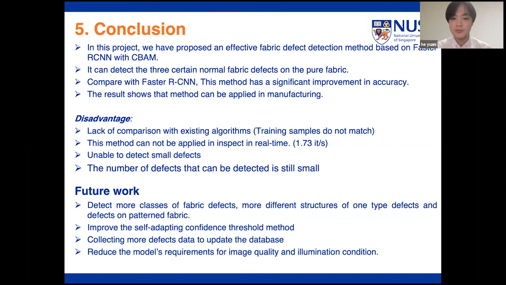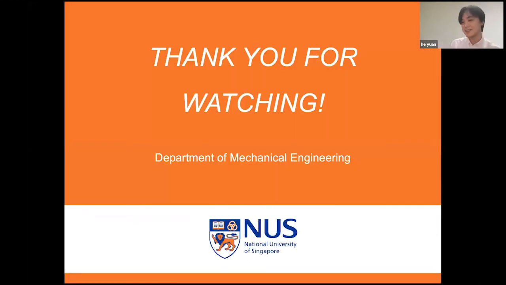And the next is we need to improve the self-adaptive confidence threshold method, because I think the simple one we used is not the best one. And the last one is we need to detect more classes of fabric defects, and more different structures and types of defects. And okay, that's all. Thank you.